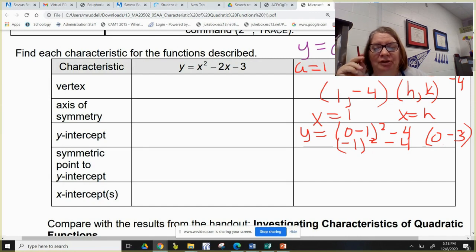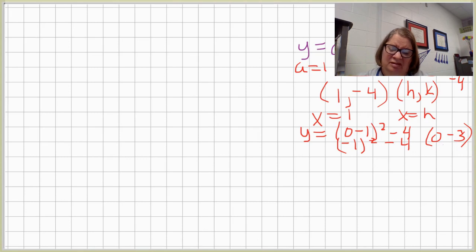The point symmetric to the y-intercept. To do that, we would look at the graph. So let's do this a second. Okay, so what do we know about this parabola? We know that the vertex is 1, negative 4.